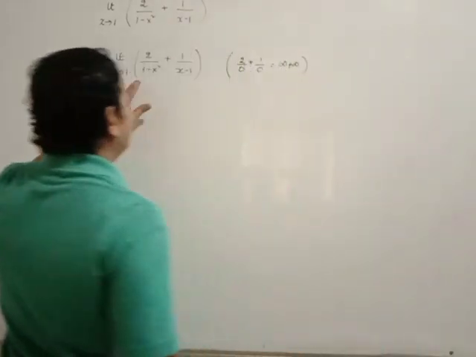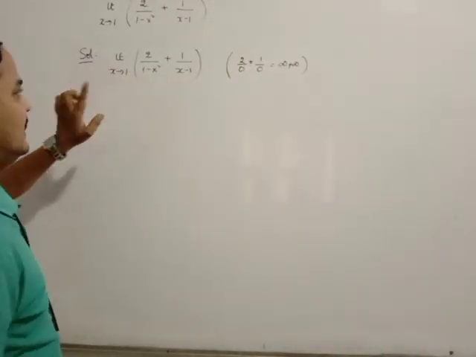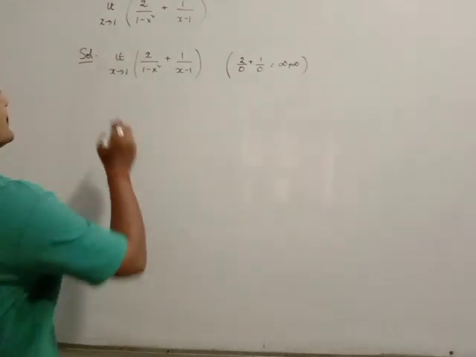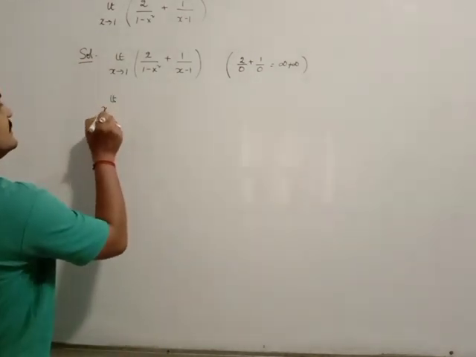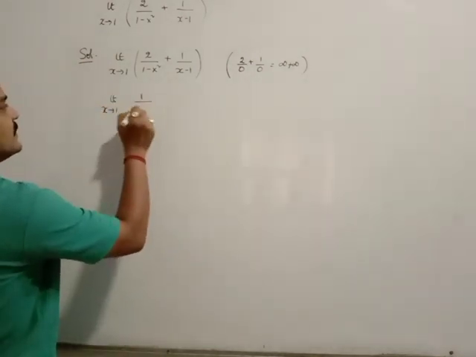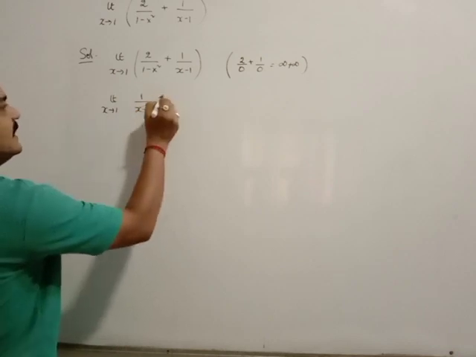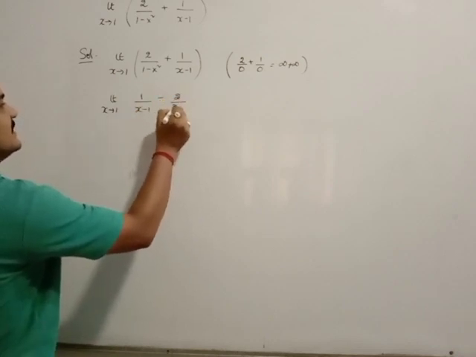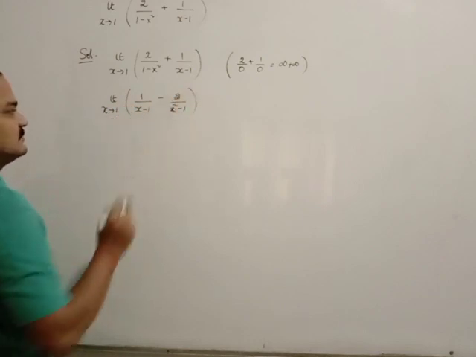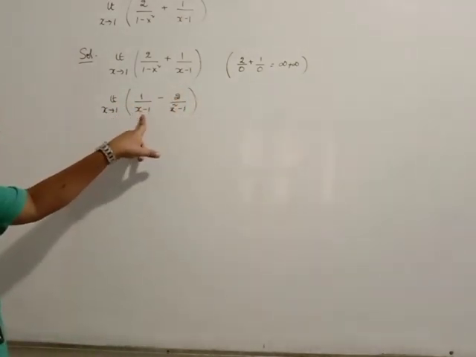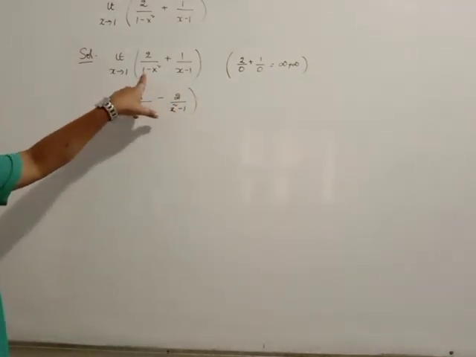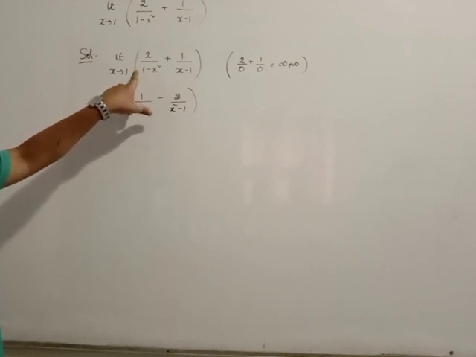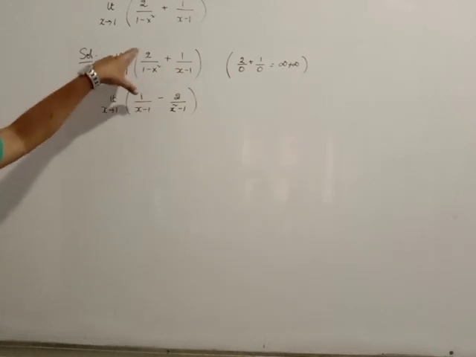First of all, take the minus common from this one. I can write it like this: limit x tends to 1, 1 by x minus 1 minus 2 by x square minus 1. It is possible now, because from here minus I can take in common, so minus goes outside, it becomes plus, and the minus goes to the numerator.